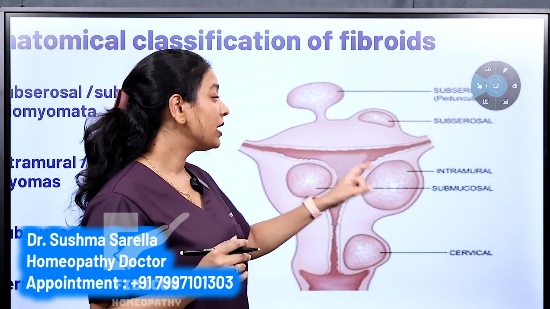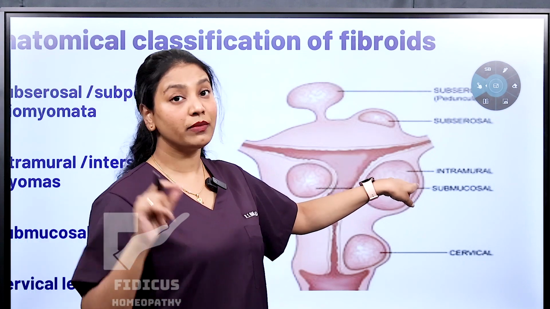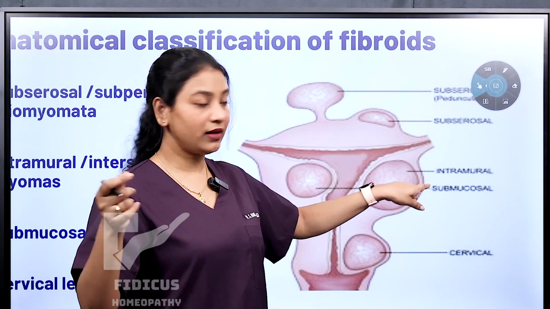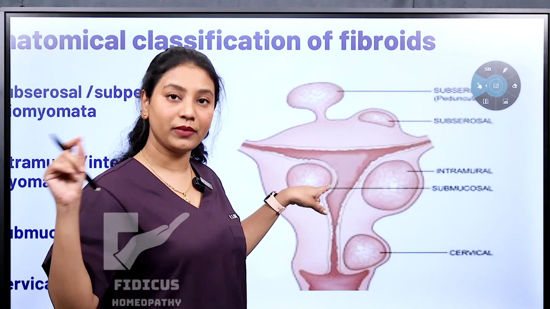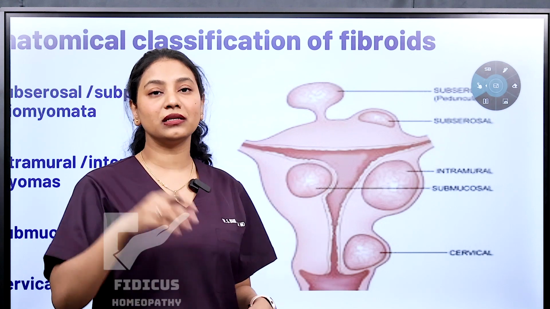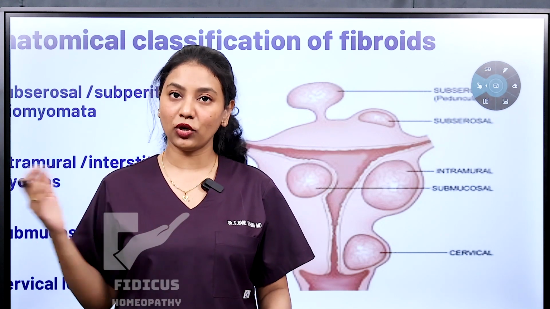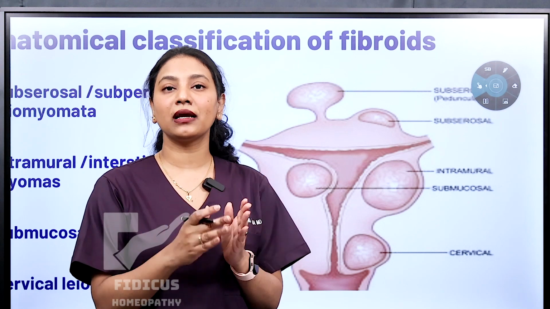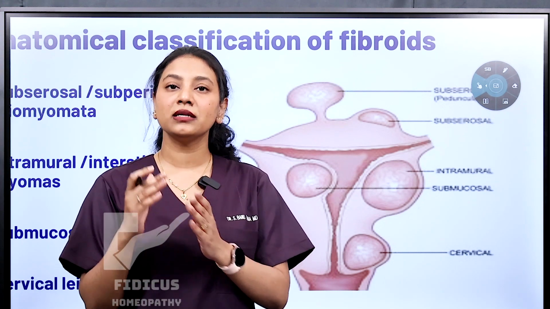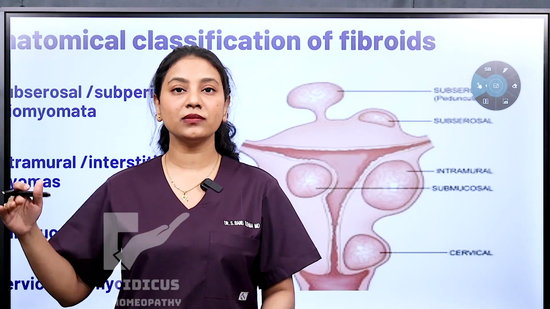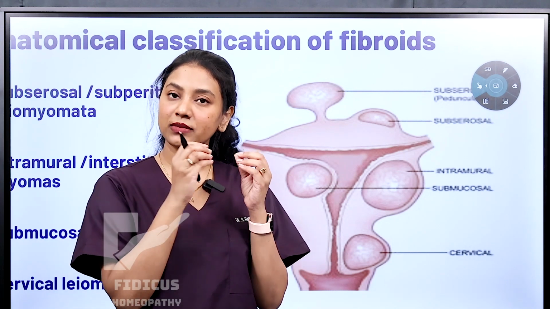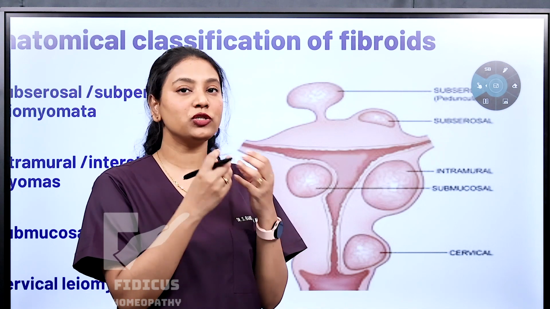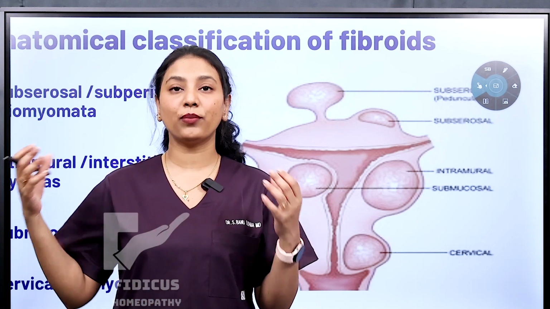Not only that, remember, intramural will cause menorrhagia more particularly, but this submucosal can cause irregular menstruation. So there is difference in the cycles each time you are experiencing. Sometimes the cycle can occur every 10 days, sometimes every 15 days, sometimes every 20 days. So it differs, and also the bleeding sometimes can be very scanty or it can just be spotting. Sometimes it is very prolonged.